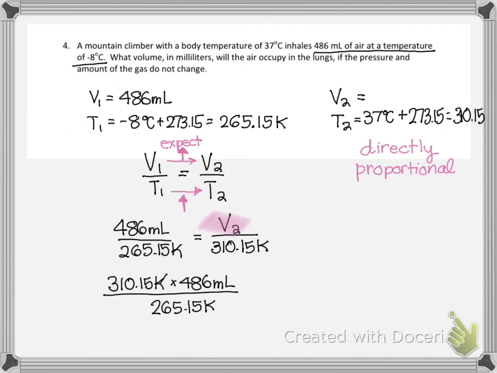And in this case, you see that the Kelvin cancels. We're left with milliliters, which makes sense because we're looking for a volume. So 310 times 486 divided by 265. And I'm putting in the 0.15 on my calculator.